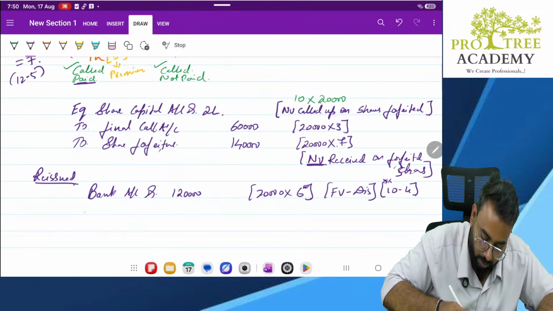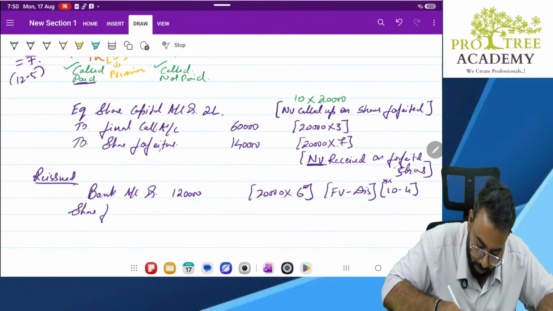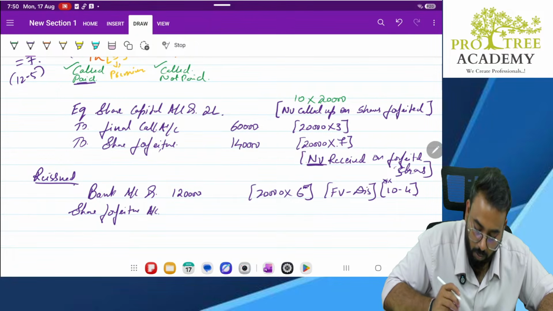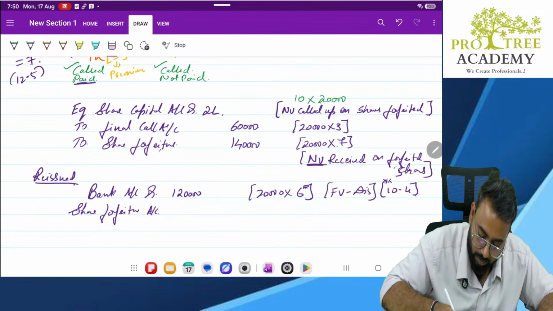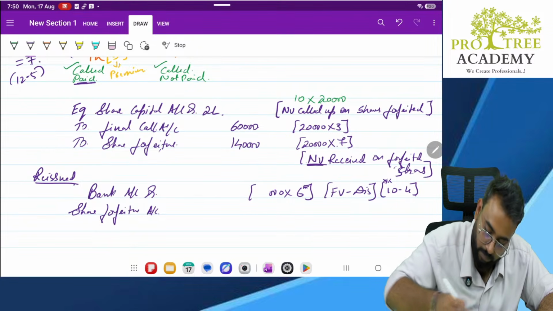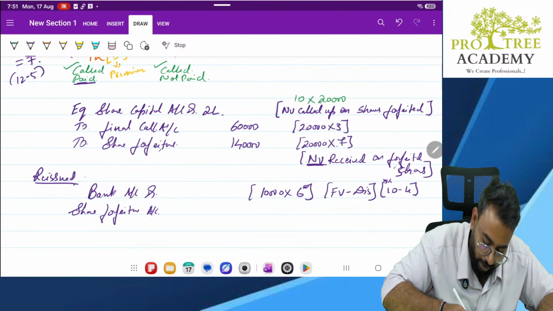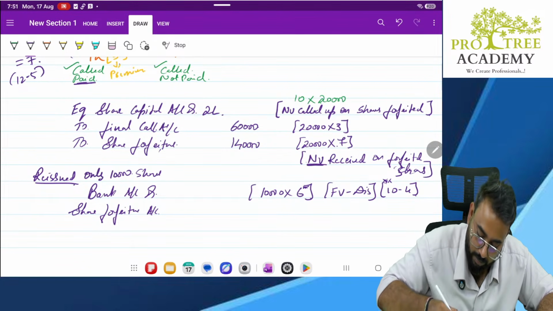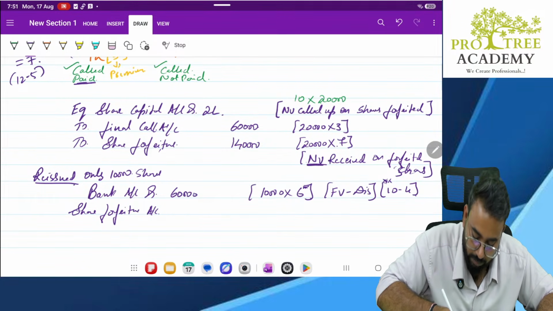One lakh 20,000. Discount needs to be adjusted from the forfeiture account. Oh, hold on. Sorry. Reissued only 10,000 shares. Okay? That will be 60,000.